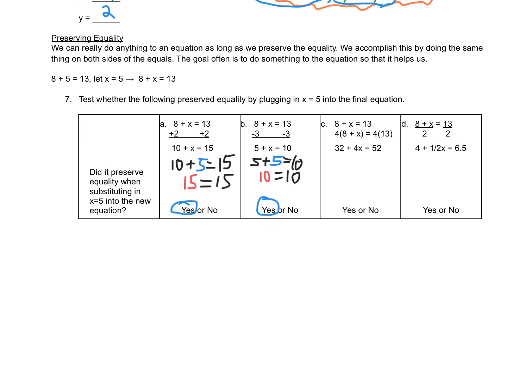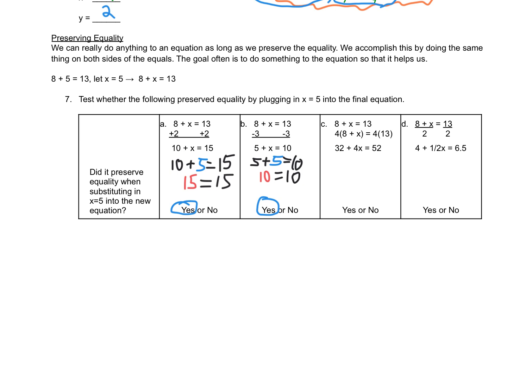Can I multiply both sides by the same number and still preserve equality? I have 8 plus x equals 13. I multiplied the 8 plus x by 4, so 4 times the quantity, 8 plus x, that's inside parentheses, and that's supposed to be equal to 4 times 13. 8 times 4, again I distribute, is 32. 4 times x is 4x, and 4 times 13 is 52.